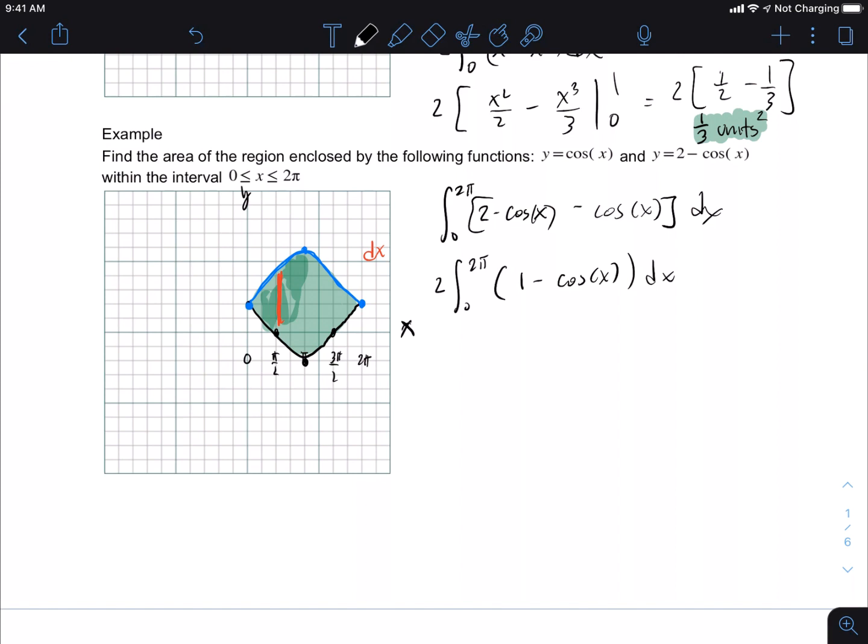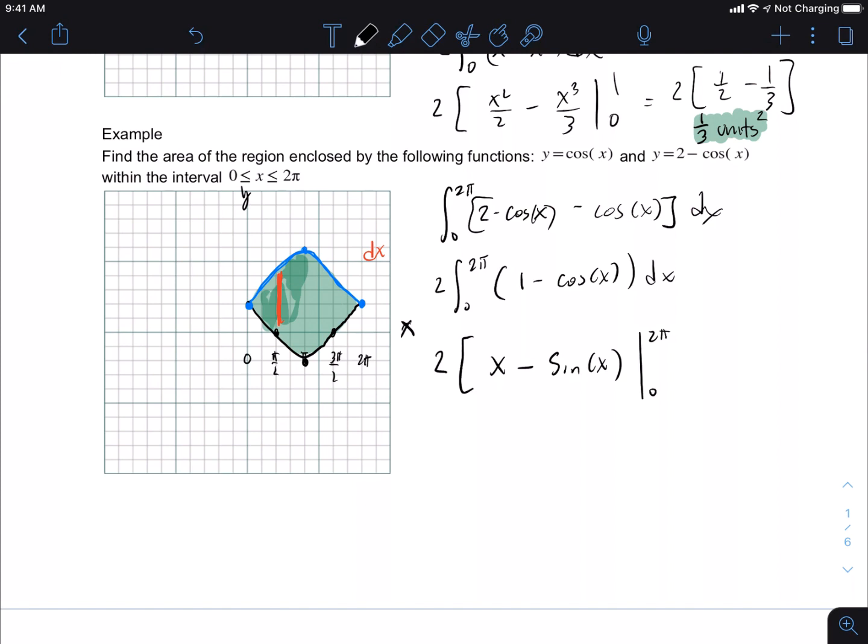Now from here, it's the integral of each piece. And since it's with respect to x, 1 is going to become what when I take the integral? What is the integral of 1? X. What is the integral of cosine? Sine. And now we need to evaluate this from 0 to 2 pi.